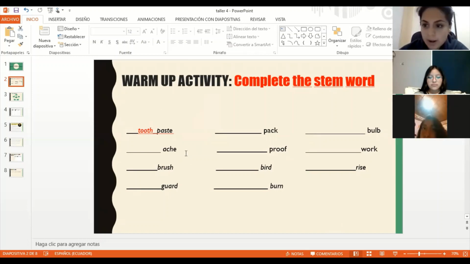Toothpaste. So you guys are gonna have like 3 minutes. You have a bunch of other words, and you're gonna write down the stem word for each one. And in 3 minutes, I'm gonna get back with you guys, and we're gonna compare answers and see who got them right and who got them wrong, okay?